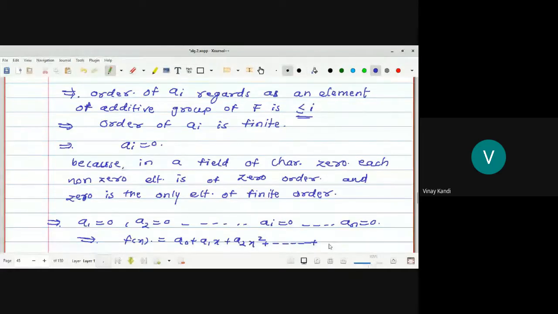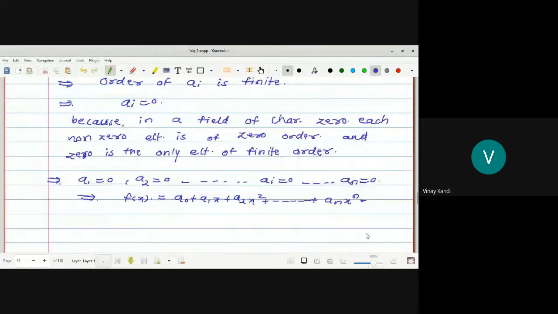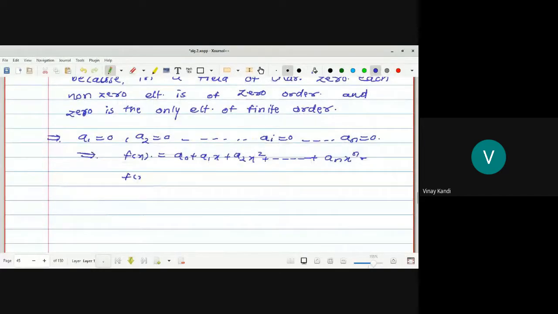Now putting all the values of the coefficients, we get f of x is equal to a naught. But a naught is a constant belonging to the field F. That is, f of x is a constant polynomial. Any doubt?